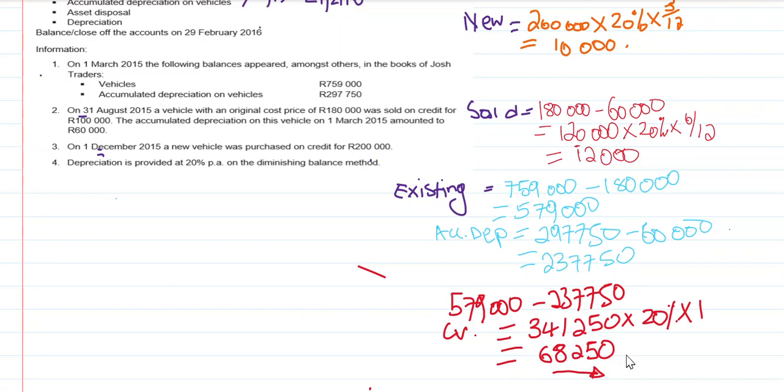That's the depreciation now. So we have depreciation number 1 of the new vehicle, number 2 the sold one, and number 3 the existing vehicles. Then we are done with the depreciation.